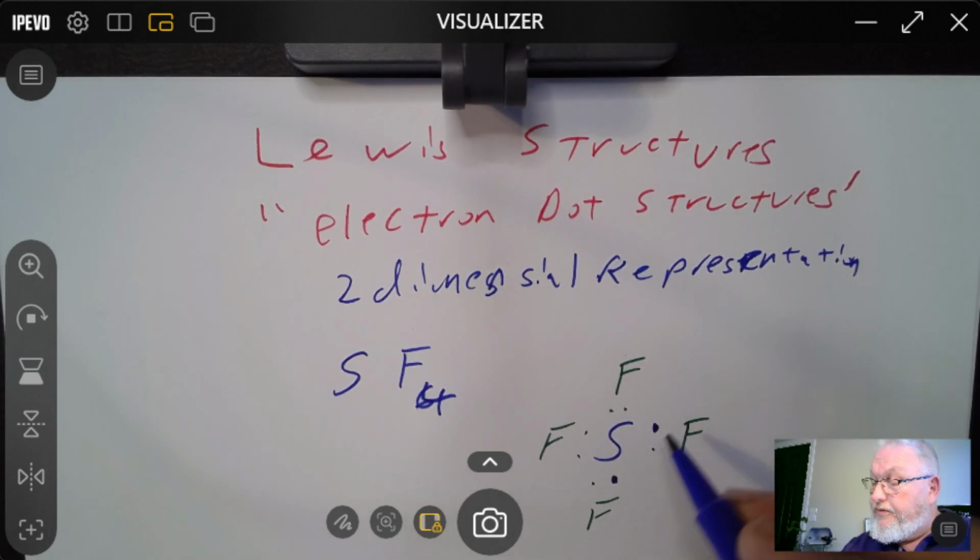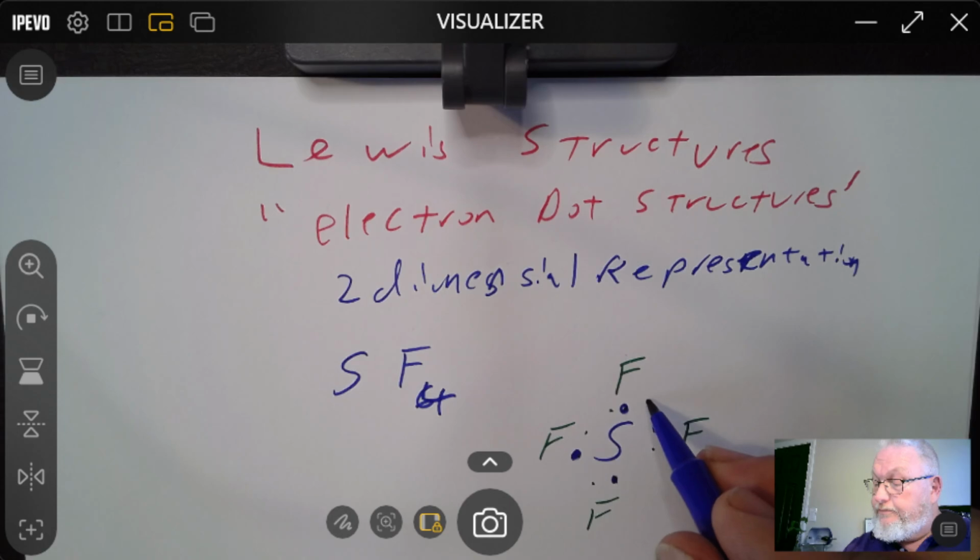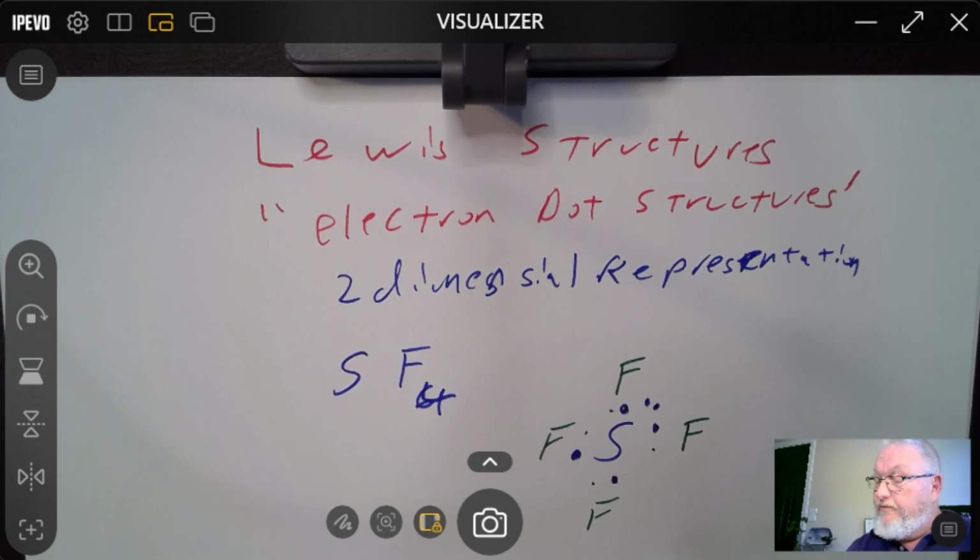I'm going to make these blue. All right, so there's 4. So I've got 2 more somewhere. Now fluorine, so we're going to have to do 2 right there. Fluorine has 7. Make those green so you can see those.